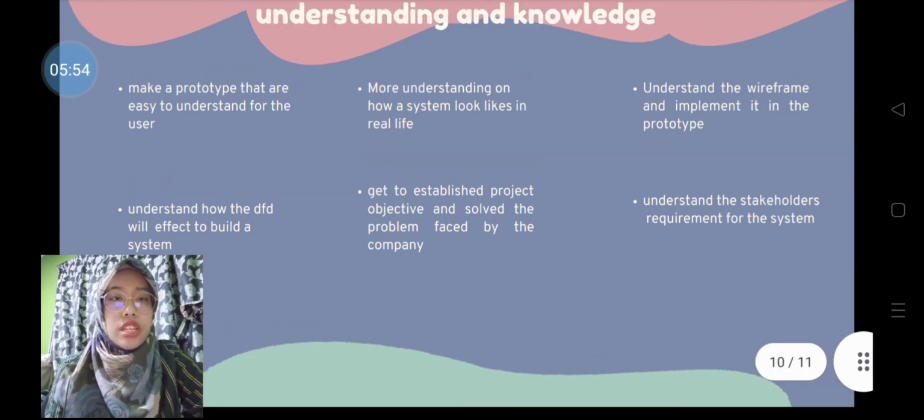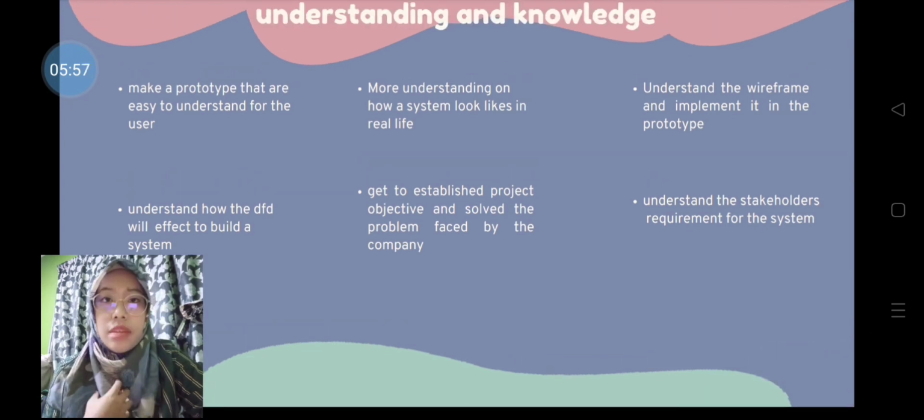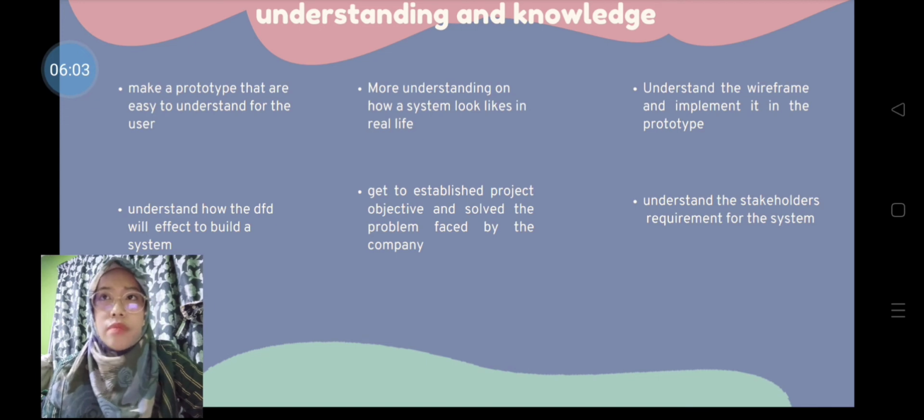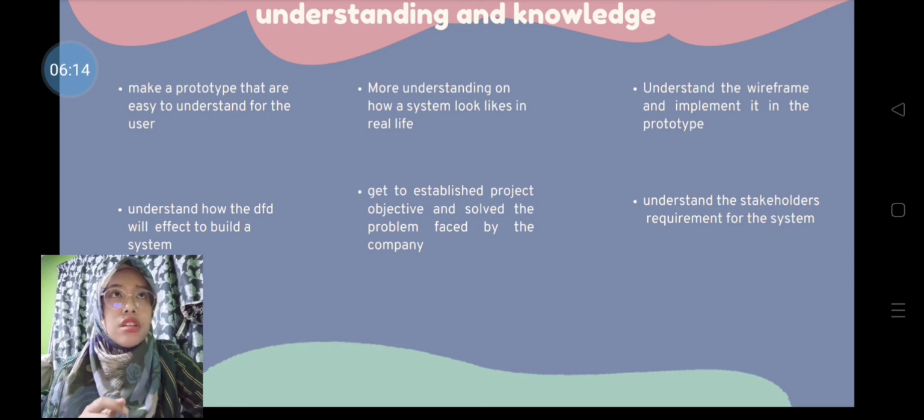The third one is I gained more understanding of how the system will look in real life. I cannot make the system too crowded or too confusing. That's the challenge, where I need to make the interface look friendly.